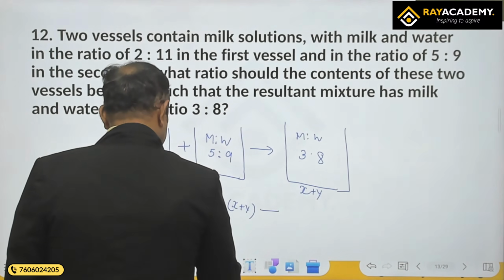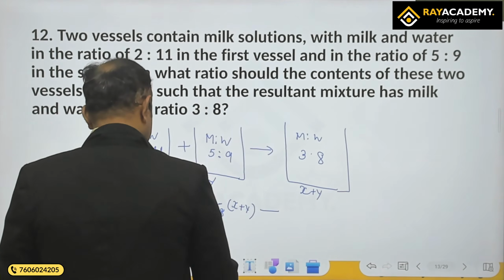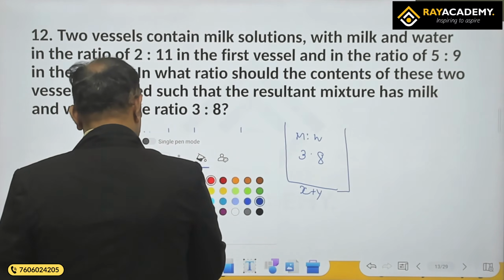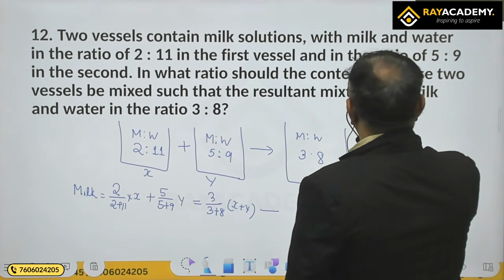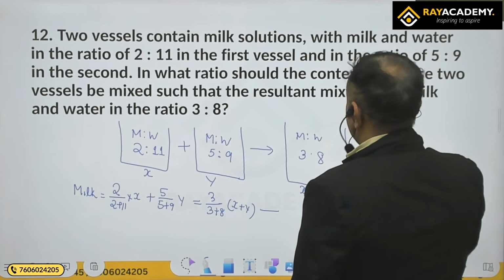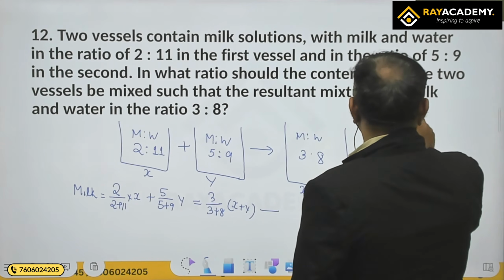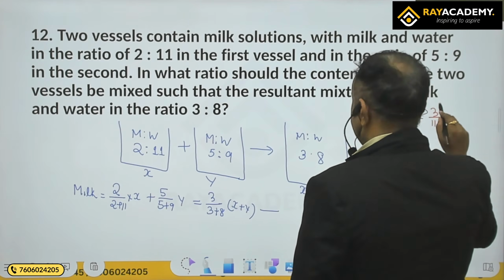Now how to do that? Okay, so let us solve this one. 2/(2+11) means 2/13 x plus 5/14 y equal to 3/11 (x plus y).